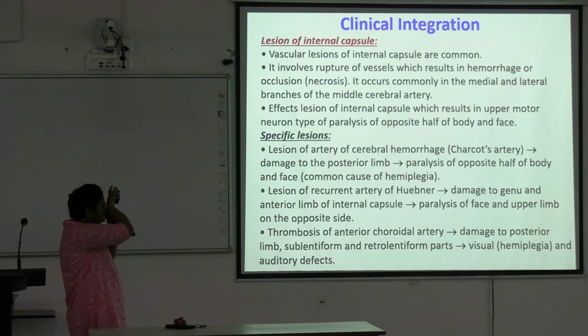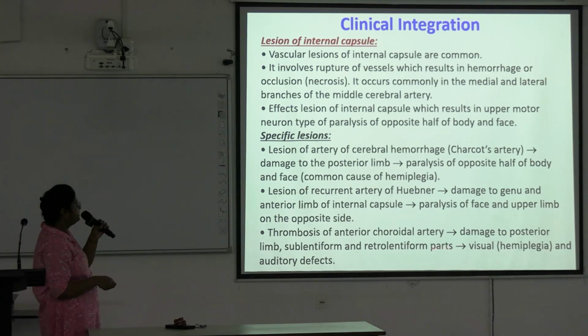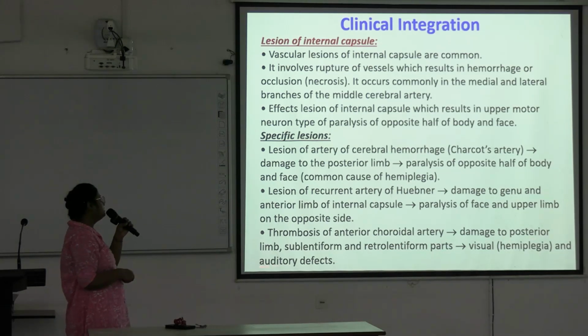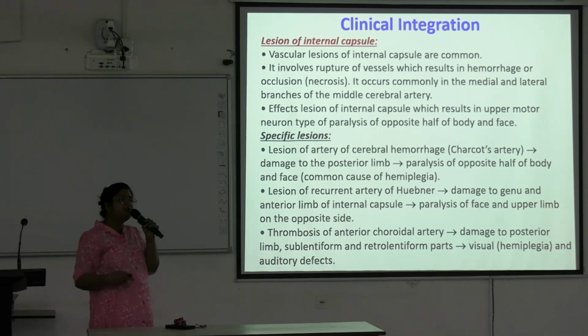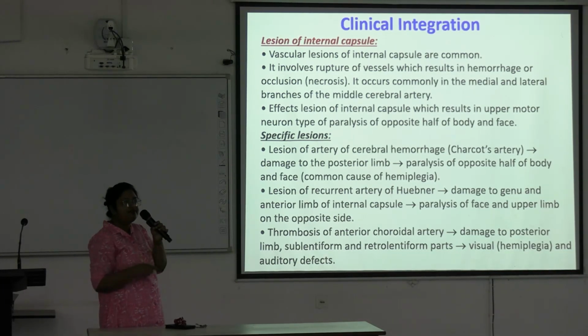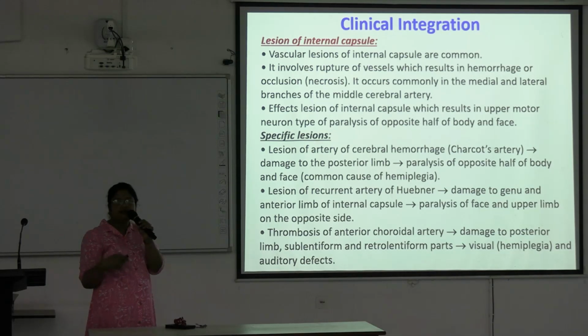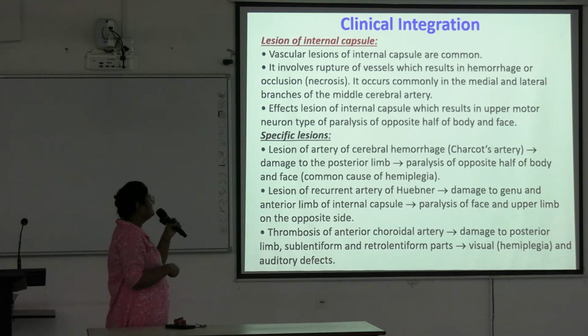Next is thrombosis of the anterior choroidal artery. It leads to damage to the posterior limb, sublentiform and retrolentiform part, and leads to visual hemiplegia and auditory defects. So these are the arteries most commonly involved and the effects of involvement. Understood? These are the important clinical aspects.